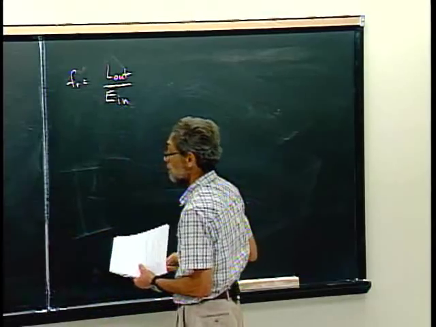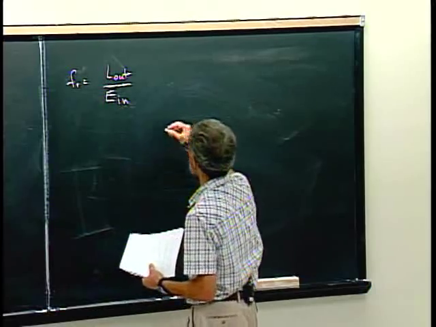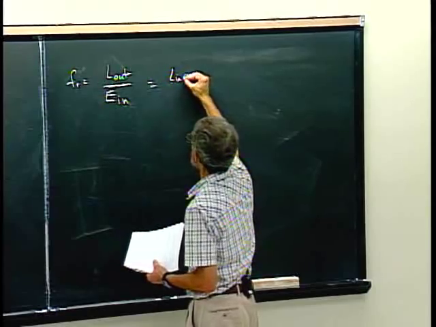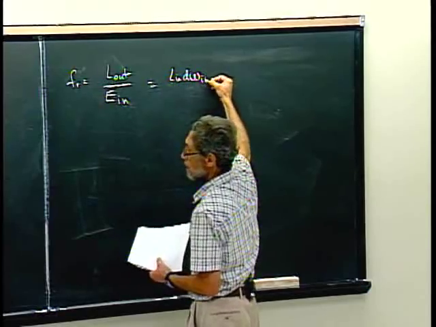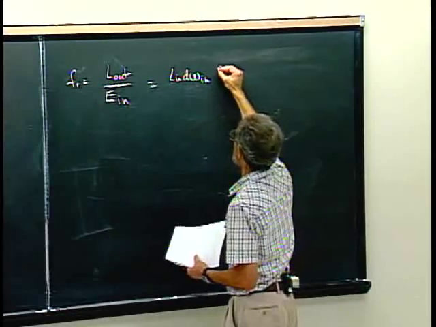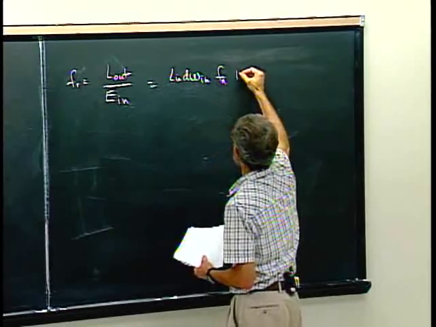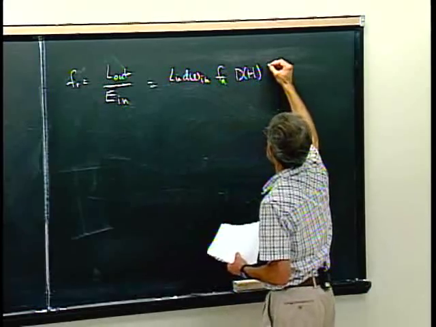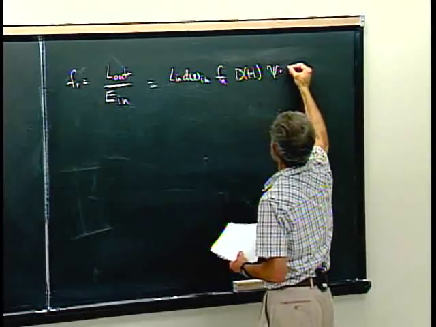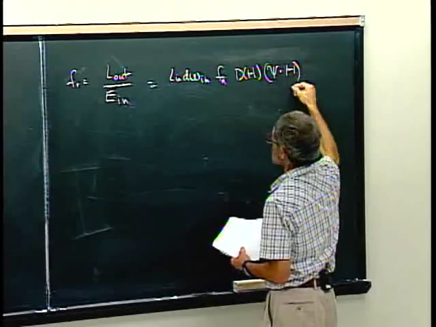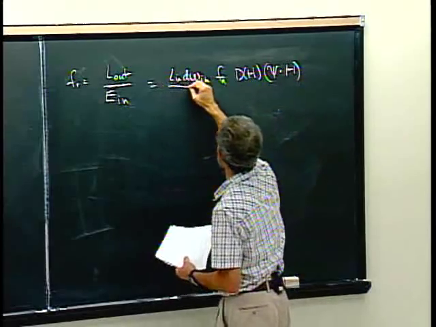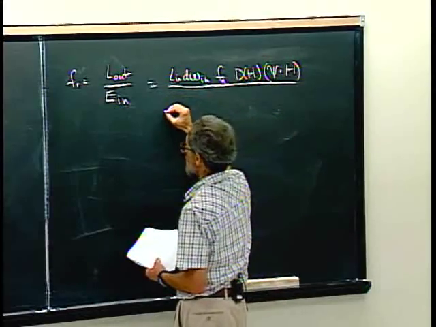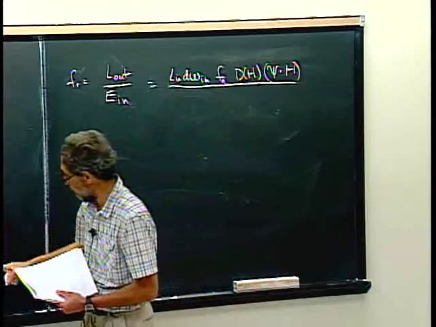So that means I have, let me copy from the other board, L in d omega in times F A dH psi dot h. And then over here in the denominator I have, oh, I see, I can cancel this, right?